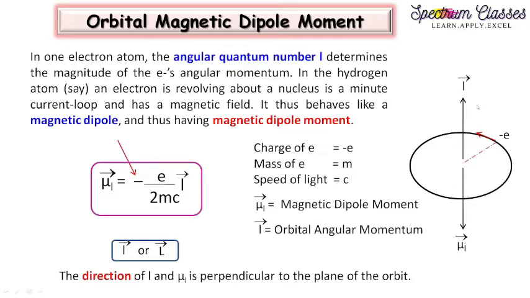This magnetic dipole moment is related to the orbital angular momentum by this relation, and this orbital angular momentum is decided by the azimuthal quantum number. Only these are the very important points you need to keep in mind.